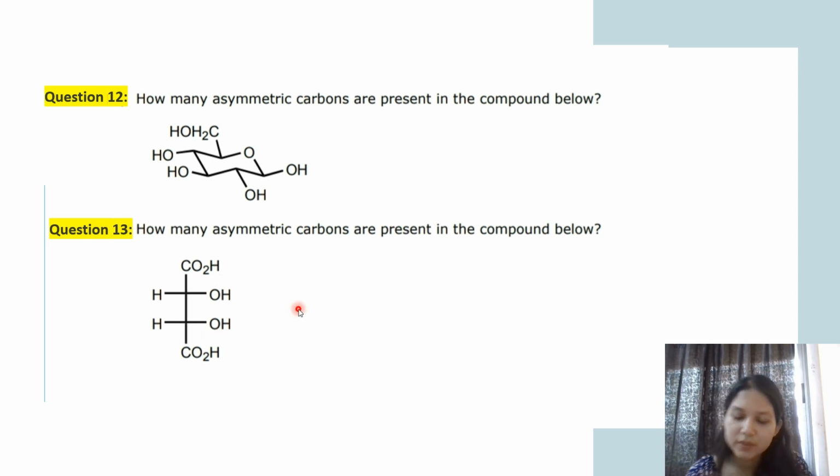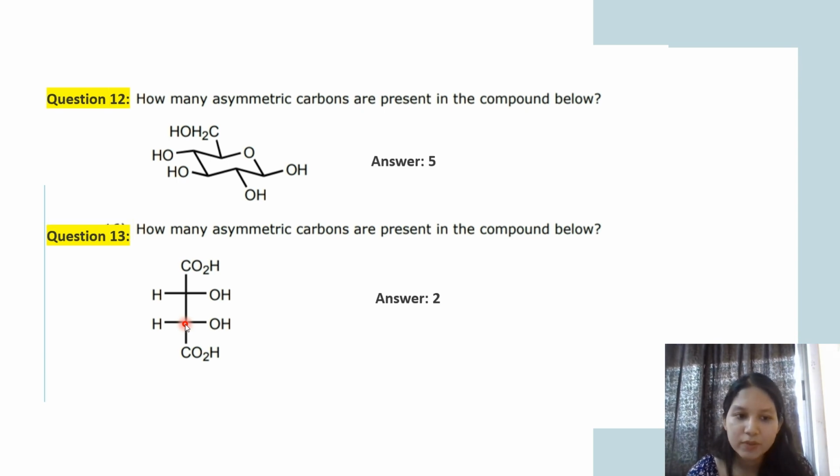We have already solved a question on tartaric acid, and we came to know that this compound has 2 asymmetric carbons present, and both the 2 asymmetric carbon centers will possess one carboxylic group, one hydroxyl group, one alkyl chain, and one hydrogen atom. So the answers to question number 12 and question number 13 will be 5 and 2 respectively. Hope these questions are clear.